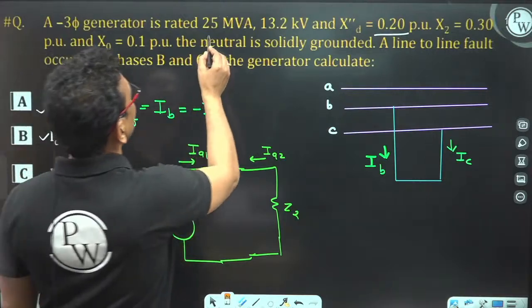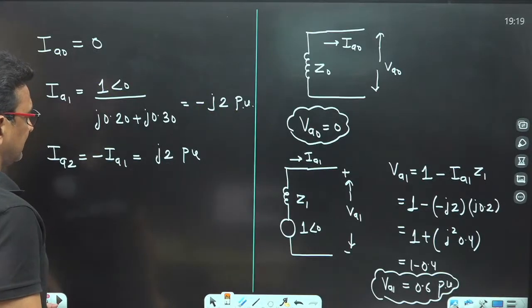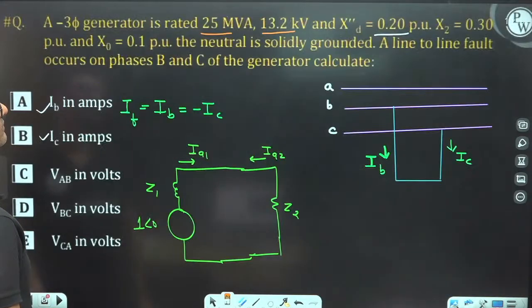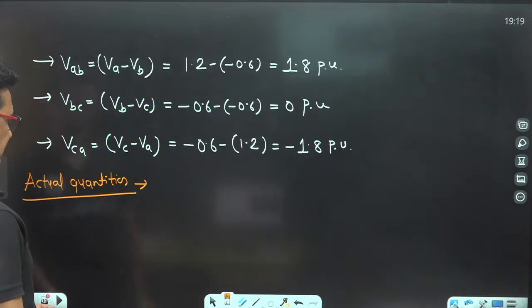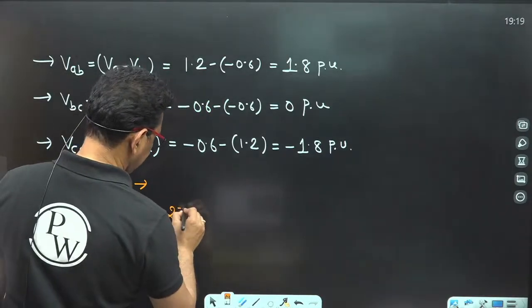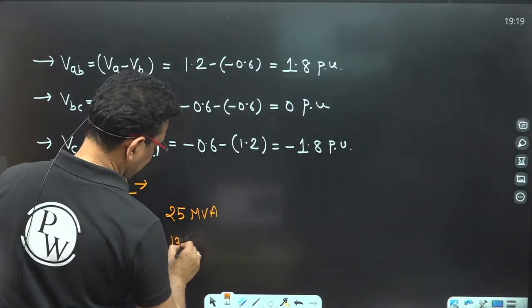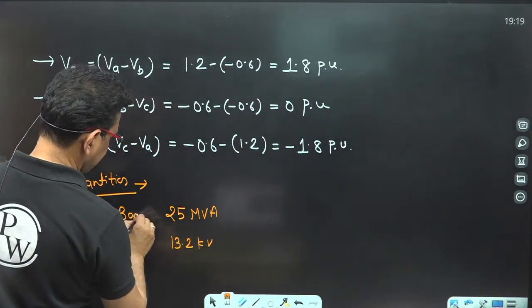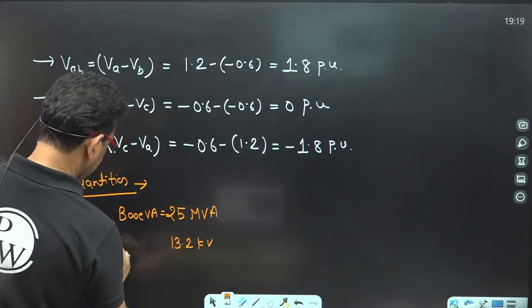It is 25 MVA and 13.2 kV. That is our base MVA, and that is the base voltage.